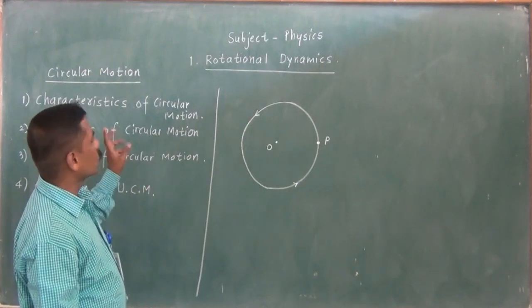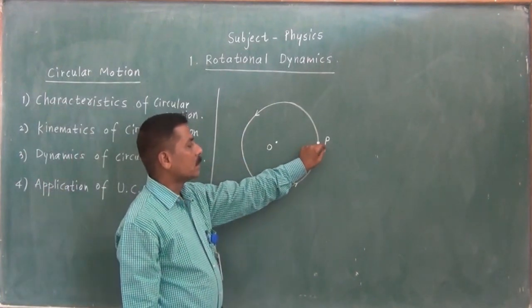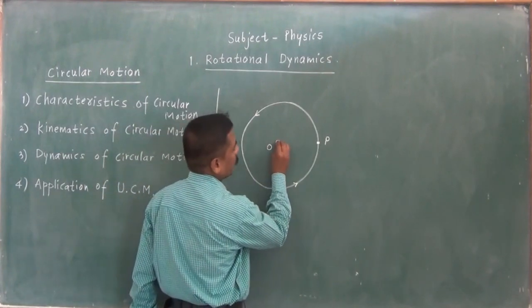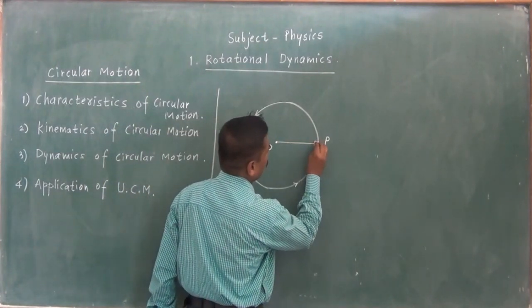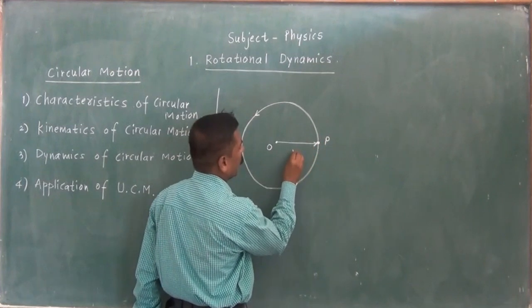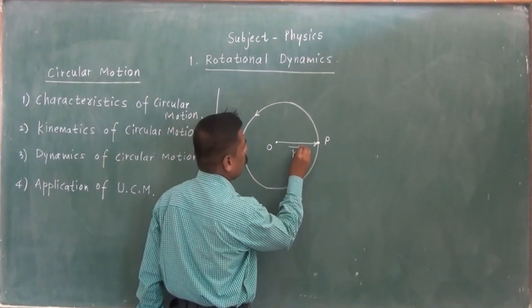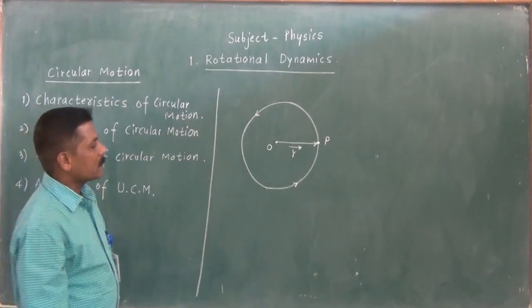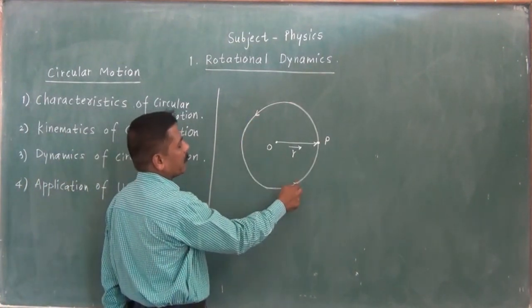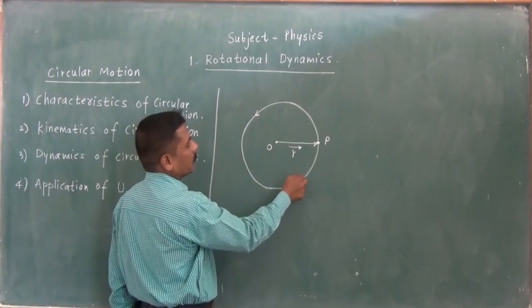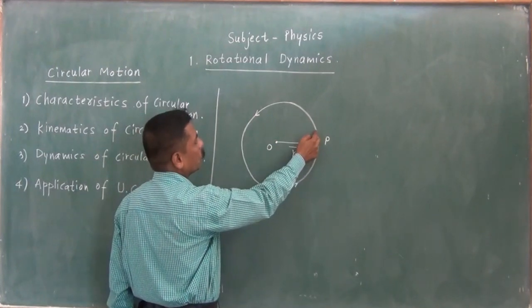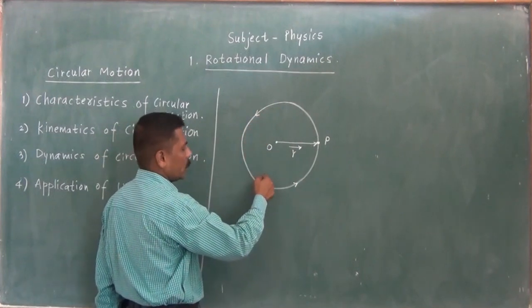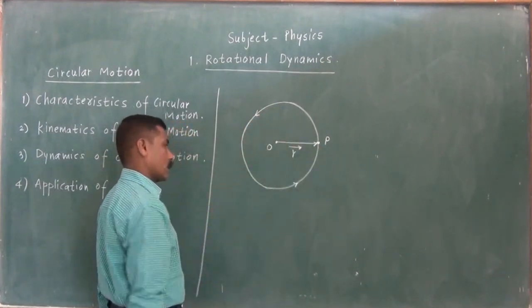In circular motion, we consider a single particle. If we join OP, it is called the radius vector or the position vector. As the anti-clockwise direction is shown, the particle will move along the circumference of the circle.